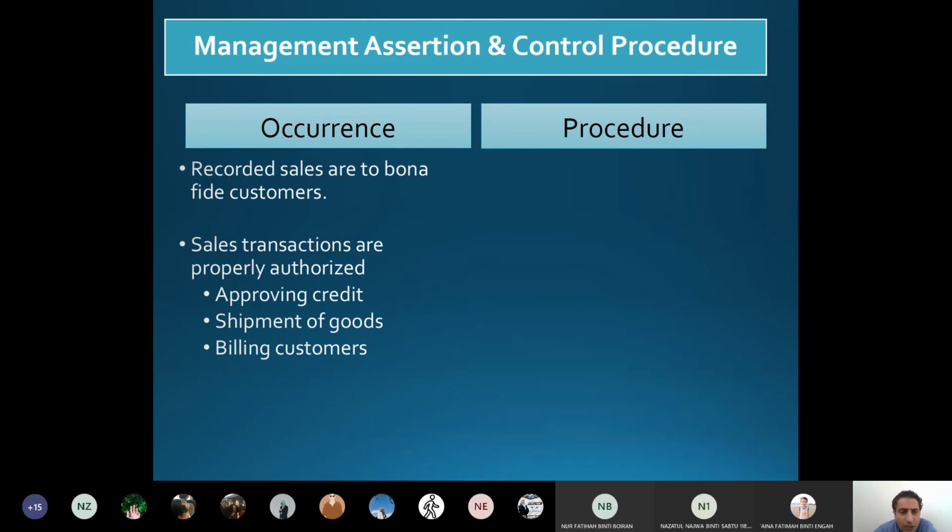So in accuracy or in occurrence, the management records that every transaction has been recorded. Okay, and sales transactions are properly authorized: approving credit, shipment of goods, and billing of customers. So this is what the management assertion says on the right side about the occurrence.